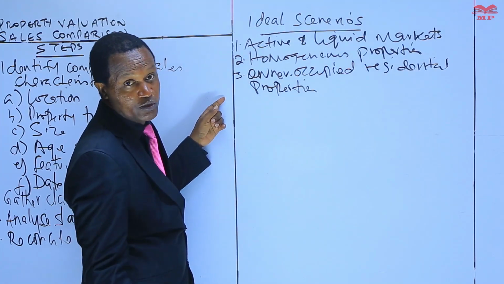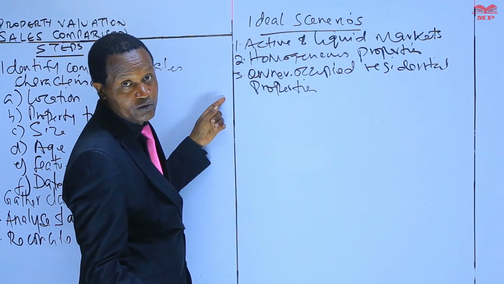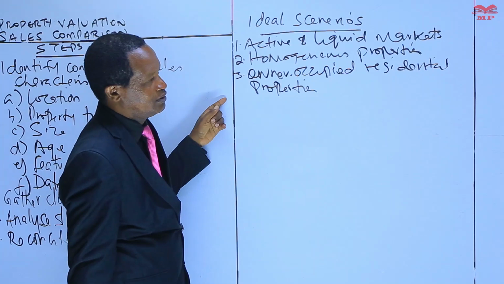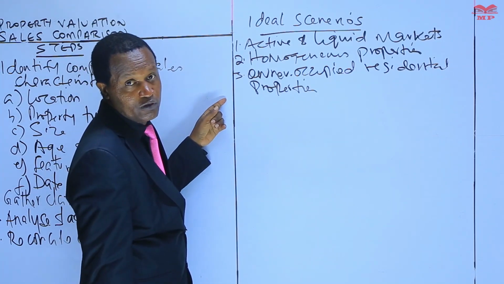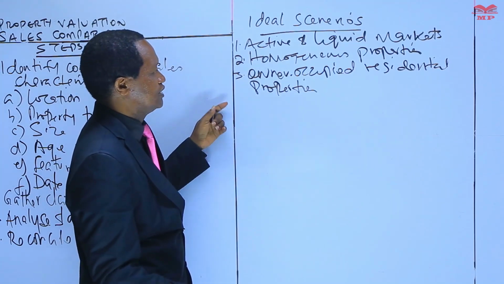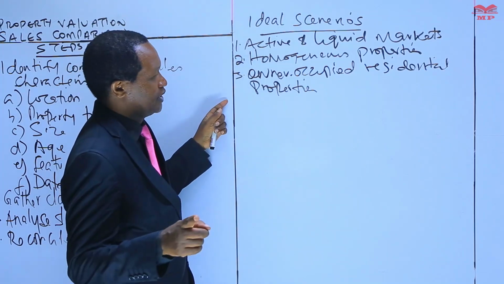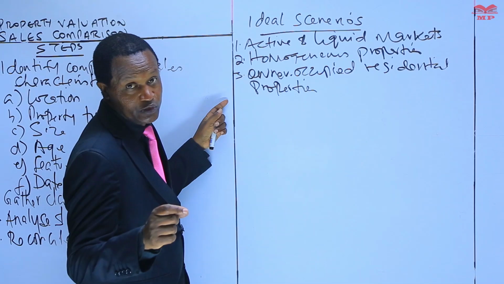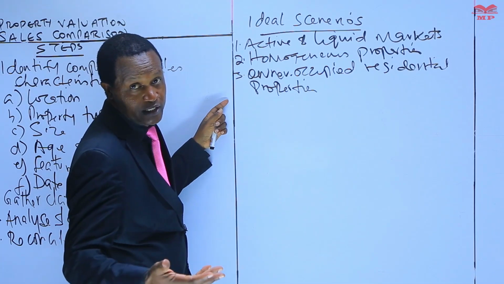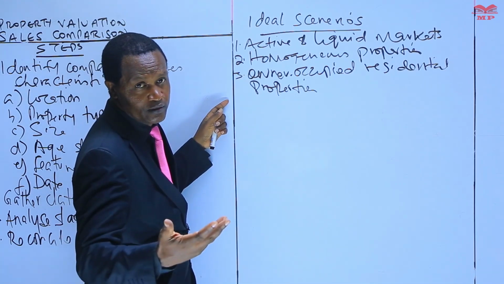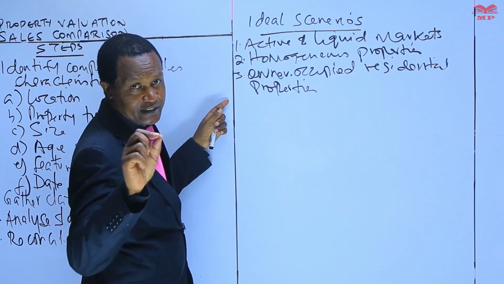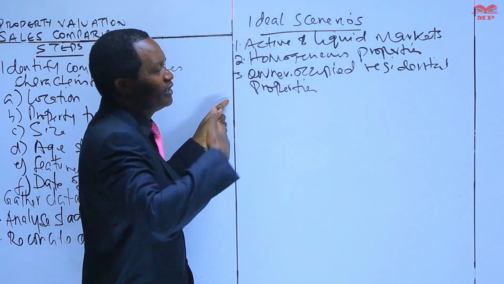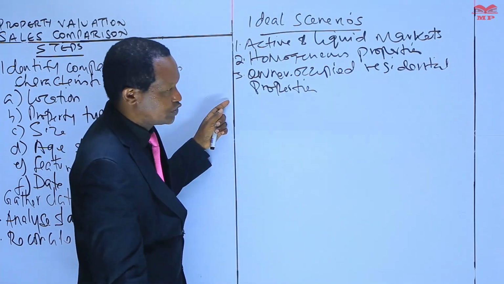Now, for single-family homes, townhouses, and even houses that are purchased for personal use, that we are referring to as owner-occupied residential properties, the sales comparison approach is generally considered the most accurate and relevant because buyers in this segment often base their decisions on the prices of similar homes that have been recently sold.